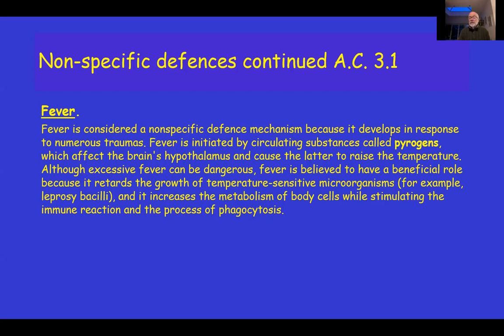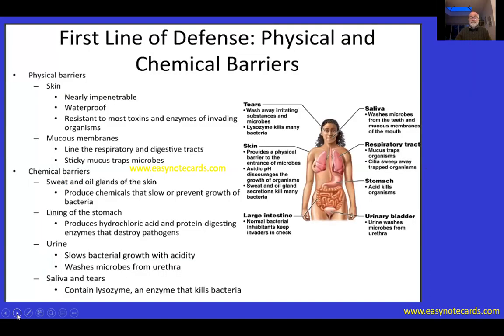Fever increases metabolism of the body cells while stimulating the immune system. So a little bit of fever is fine, but not too much, because if it rises too much, it would cause us harm. We just need to keep it under control.